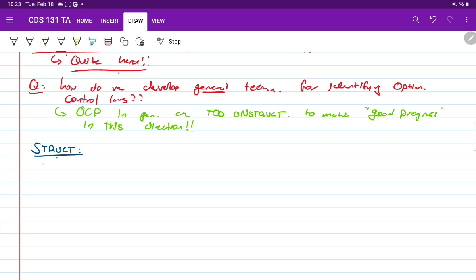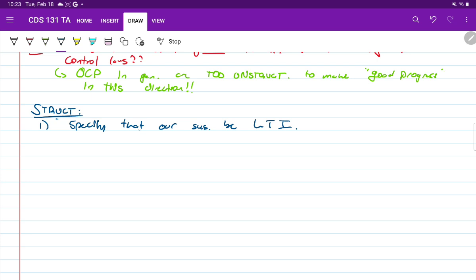So first, what we could do is specify that our system be linear and time invariant, right? For example, we could have that it's governed by x_{k+1} = A x_k + B u_k, where we're drawing the u_k from some set U, which is a subset of R^m.